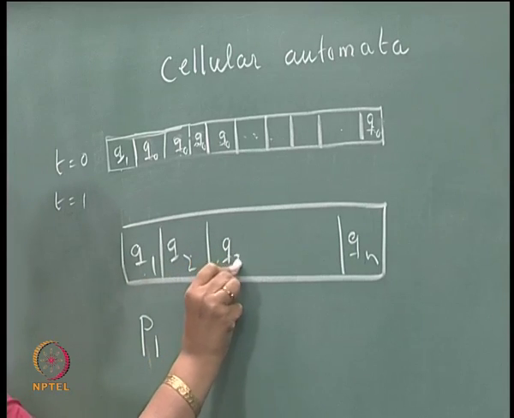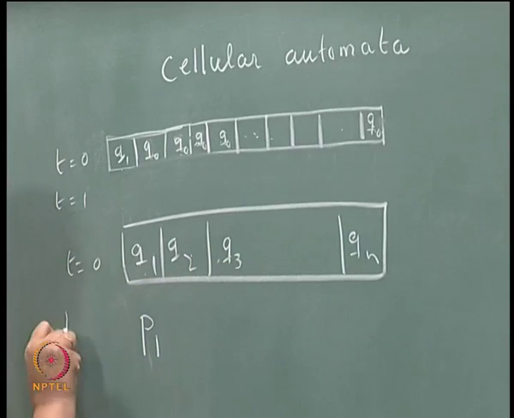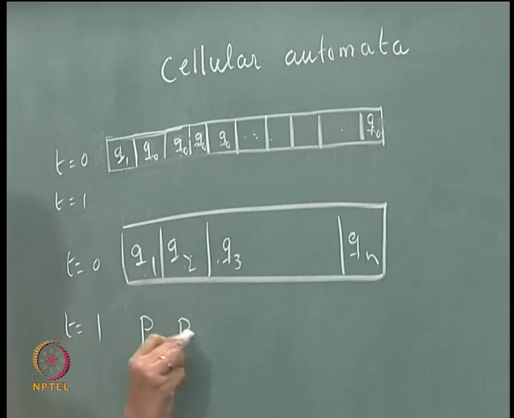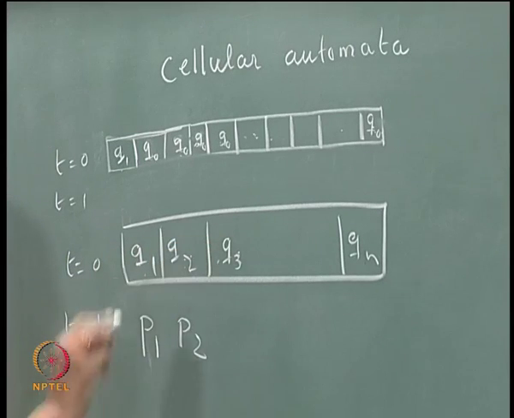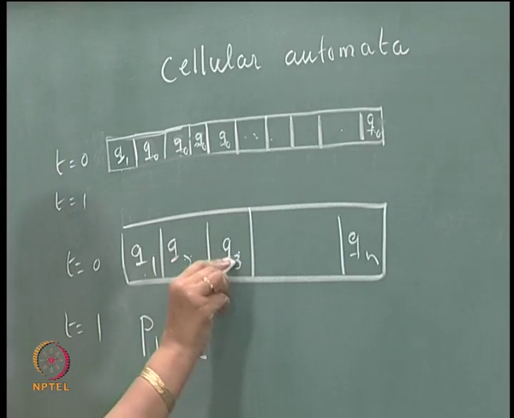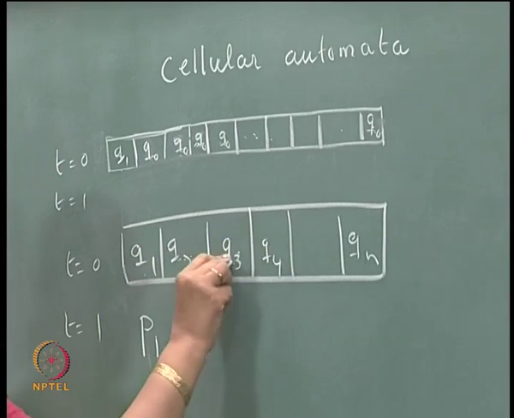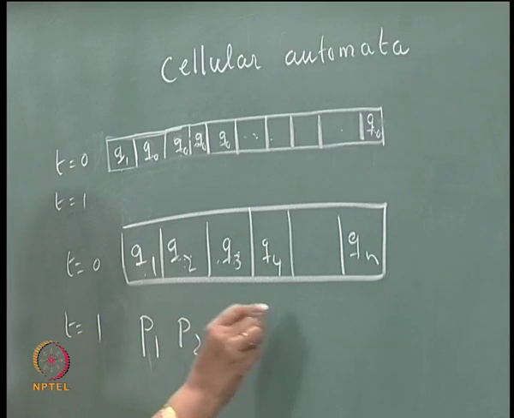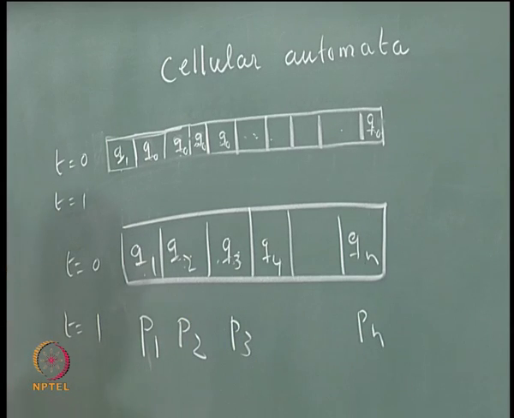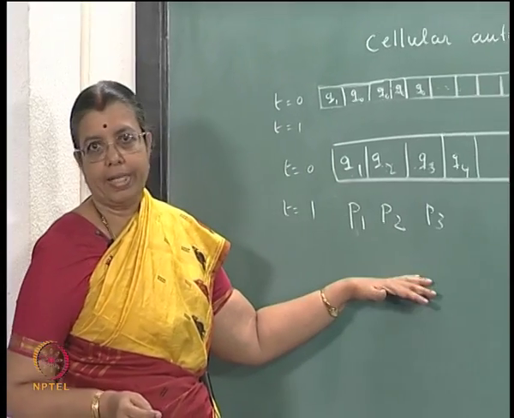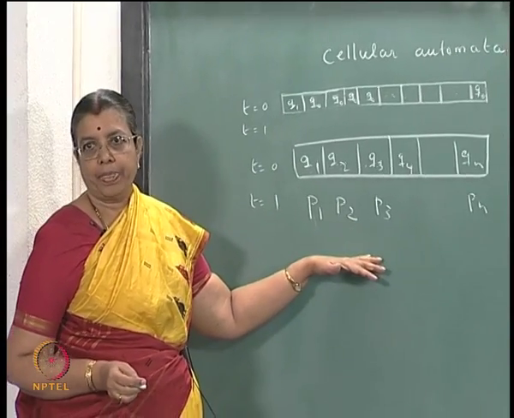This is t is equal to 0. At t is equal to 1, Q2 will change to P2 depending upon Q2, Q1, Q3. Then Q3 will change state depending upon Q2, Q4 and Q3, it will go to P3. So, this is the set of states at t is equal to 1. The next instance it will again change like that. All of them change state synchronously, in parallel, right.